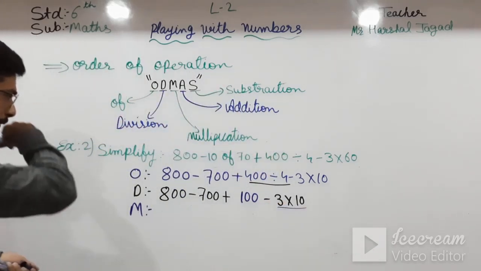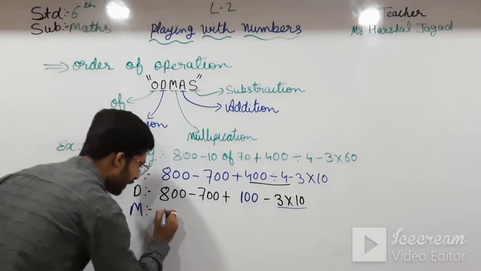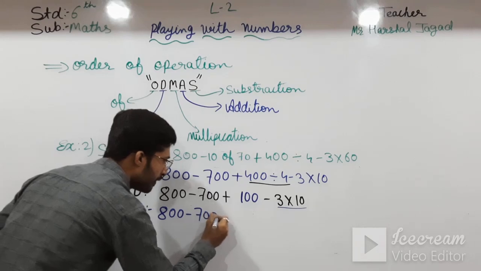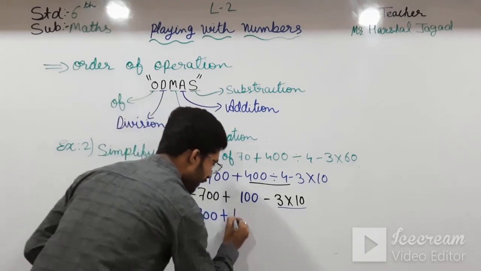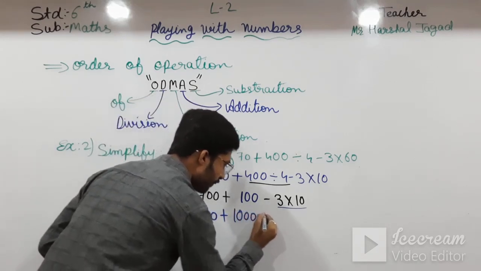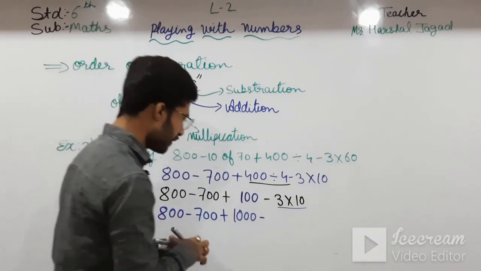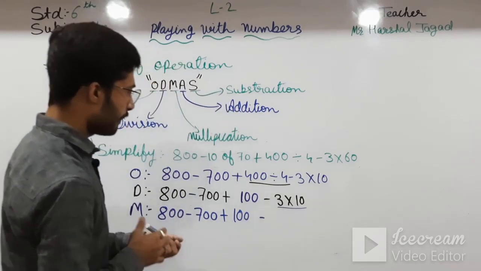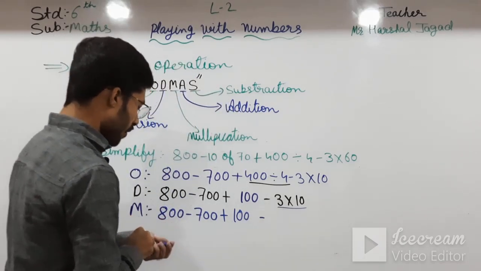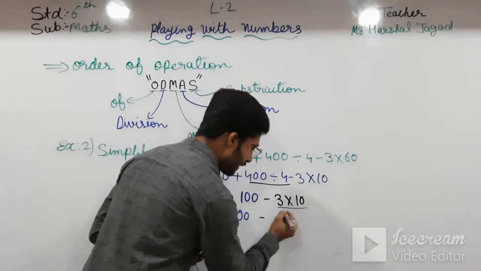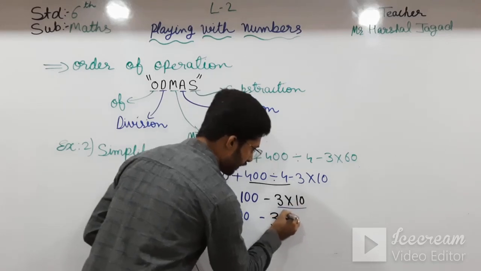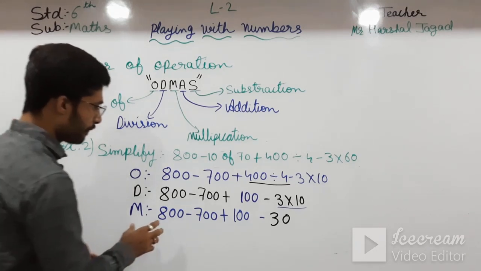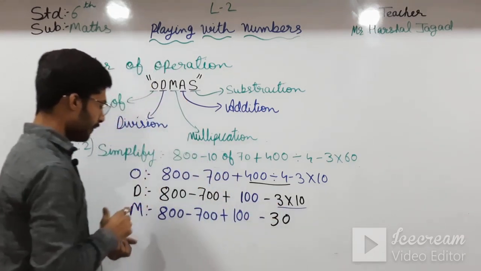So how will we write this, students? 800 minus 700 plus 100 minus, sorry, not 1000, it is 100. Okay, 100 minus, what is 3 tens? 3 tens are 30. Okay students, 3 tens are 30. This we have done the multiplication.